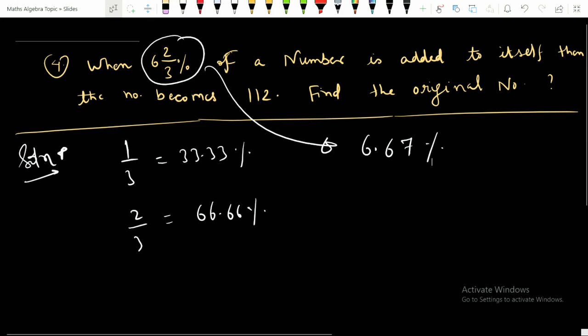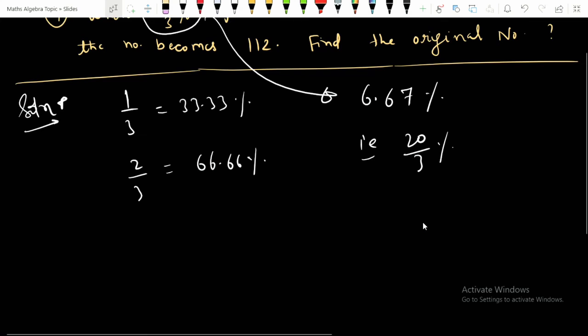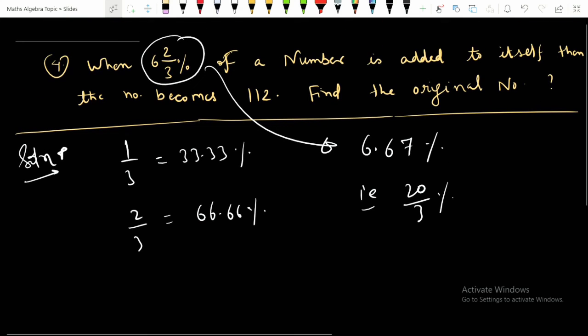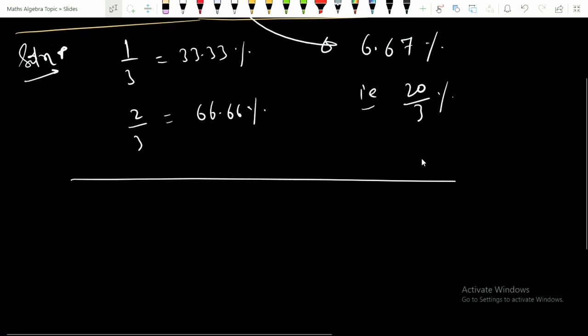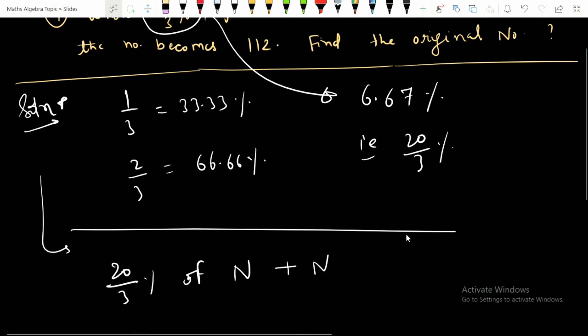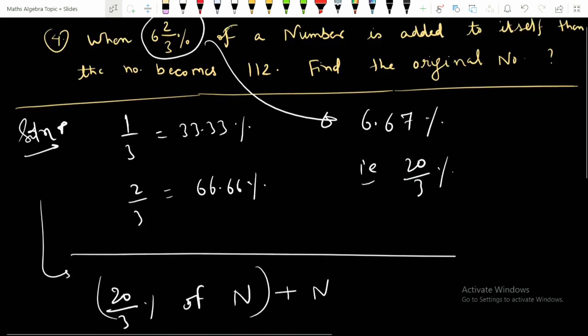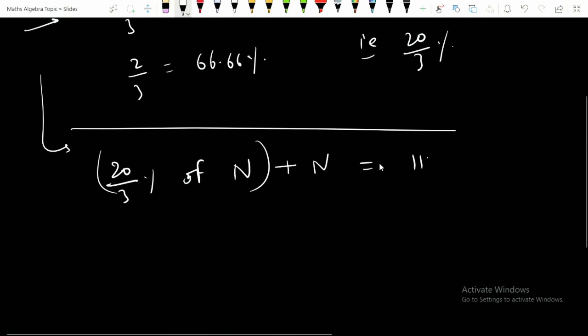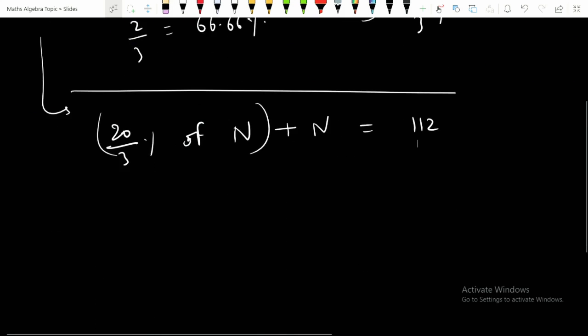So this 6 integer 2 by 3 percentage means 6.67 percentage, that is 20 by 3 percentage. So 20 by 3 percentage of n number is added to itself, then it equals 112, and we have to find the original number n.